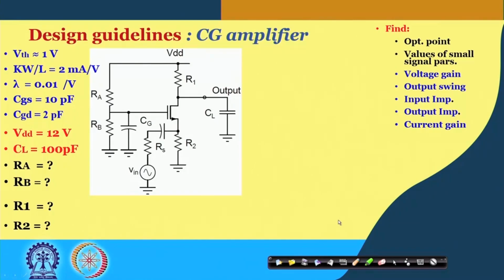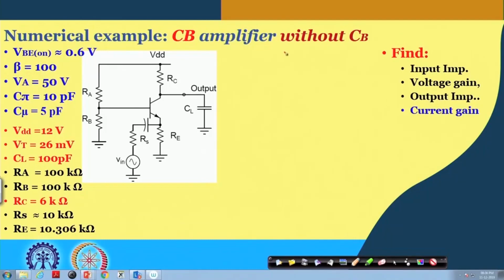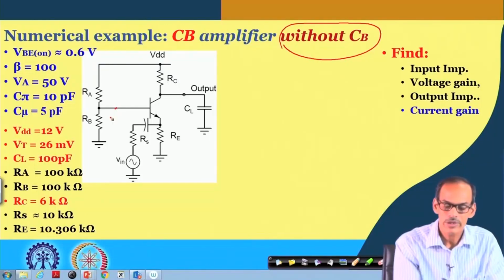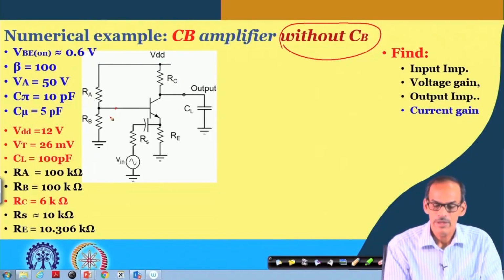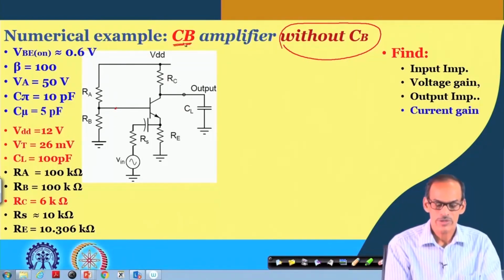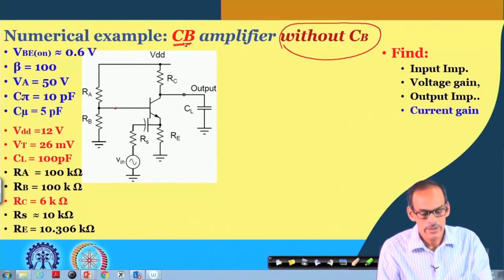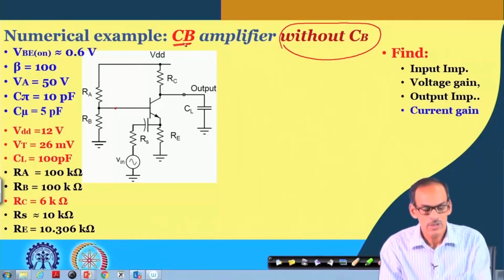In this numerical example, the important point is what kind of effect may come in case we are not using the CB, and this is important for the common base amplifier. So, this numerical example will take some time, so let me come back to this example after the break.